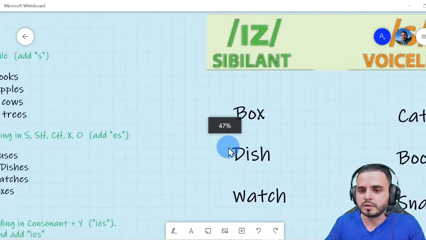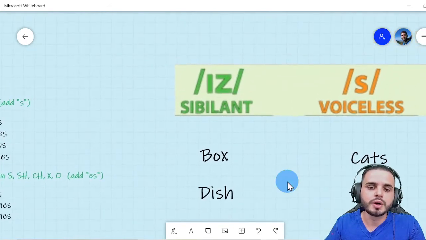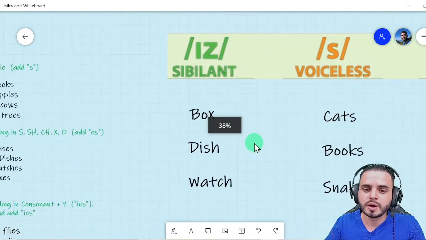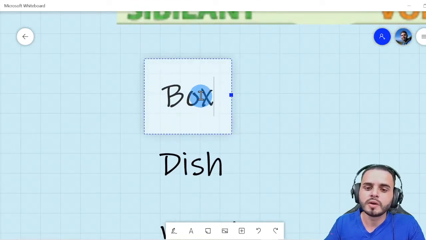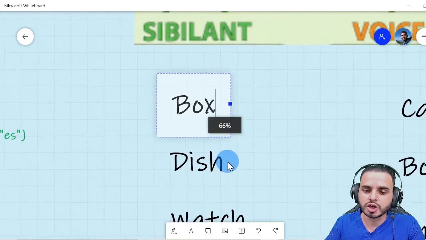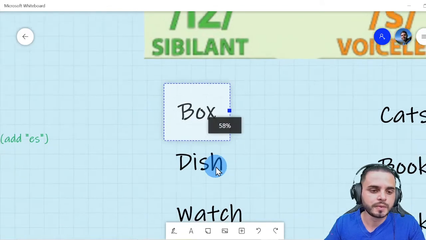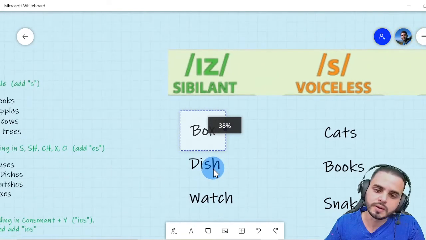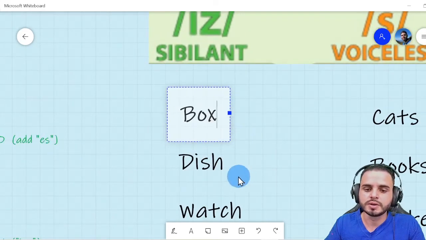Now, what does it mean? That whenever we have a sibilant sound, we're going to pronounce the es ending as is. And remember that the grammar rule says that whenever I have x, c, h, ch, sh, or the s itself, then we're going to add es, right?